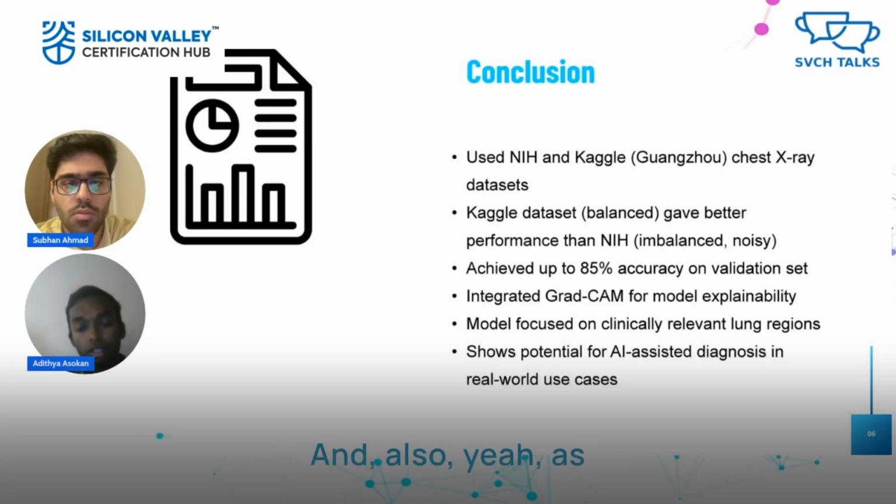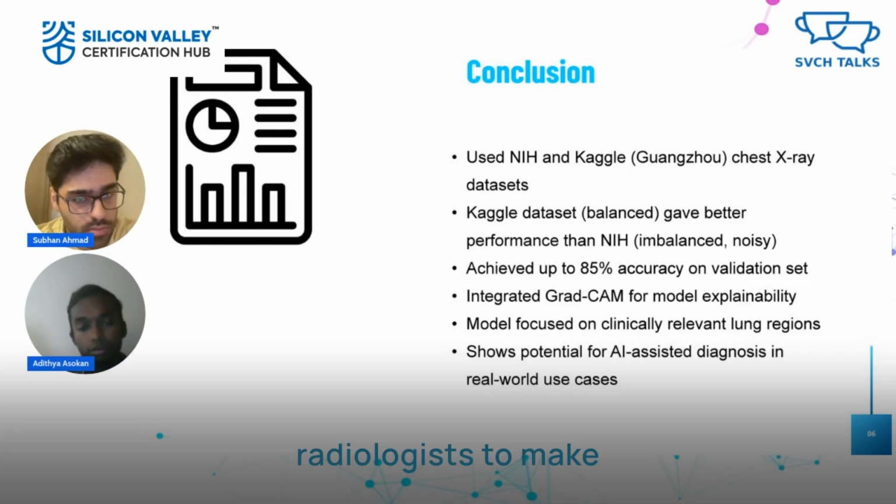Grad-CAM explained which lung regions were more prone to pneumonia, and it highlighted the areas where there was pneumonia. Our model also shows potential for AI-assisted diagnosis in real-world use cases, to reduce the time for radiologists to make their own conclusions.